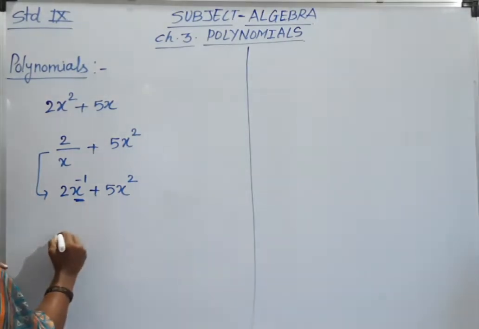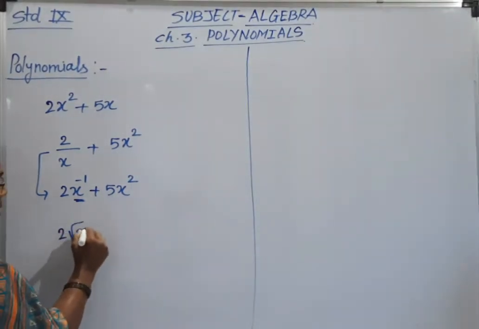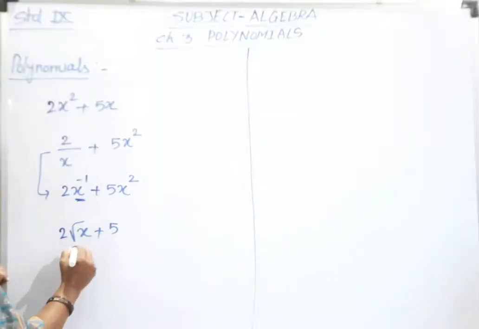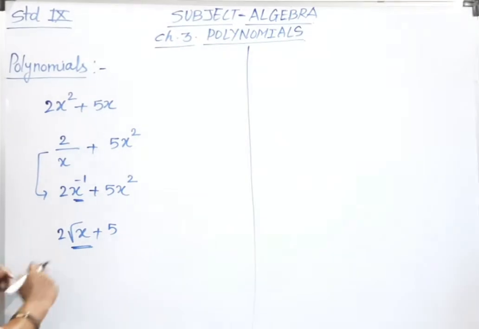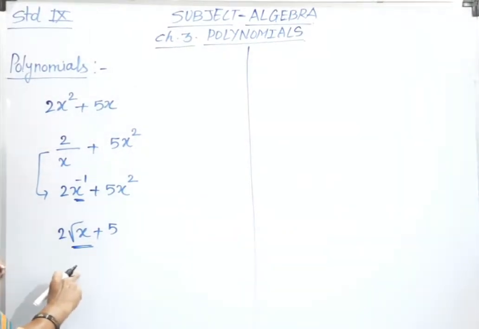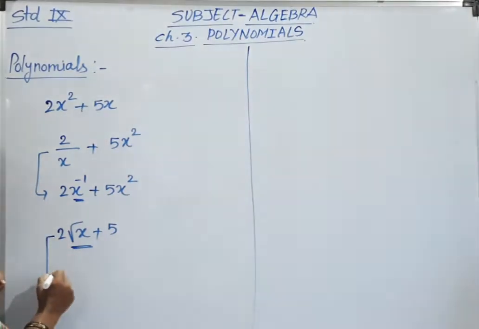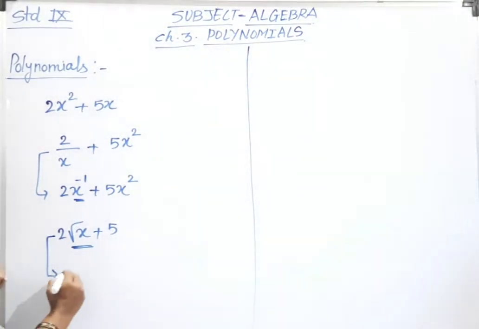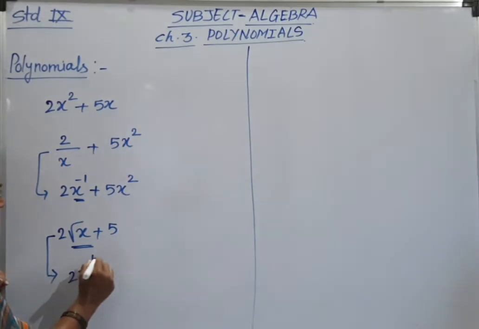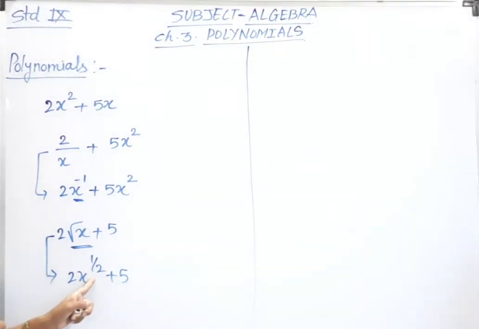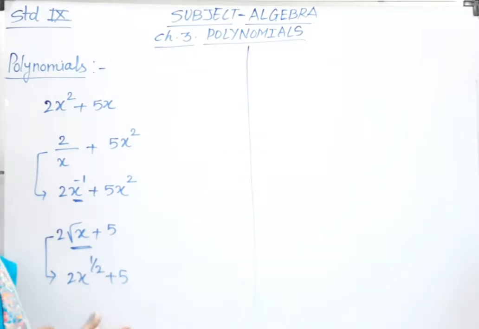Another example, 2 under root x plus 5. Here also, since the variable is under root, the degree of this variable is 1 upon 2. We can write this in index form as 2x raised to 1 upon 2 plus 5, where the degree of this variable is 1 upon 2, which is not a whole number, that's why this is also not a polynomial.